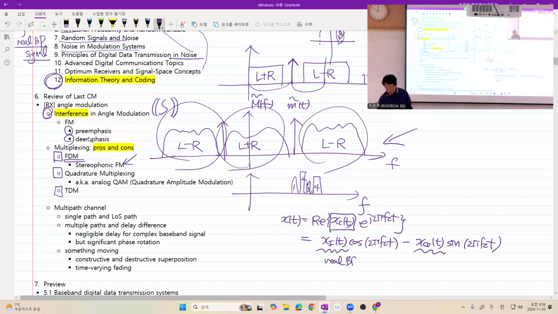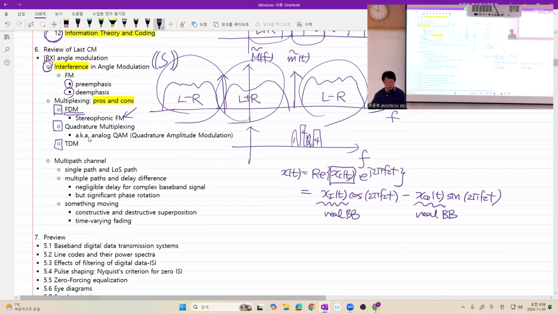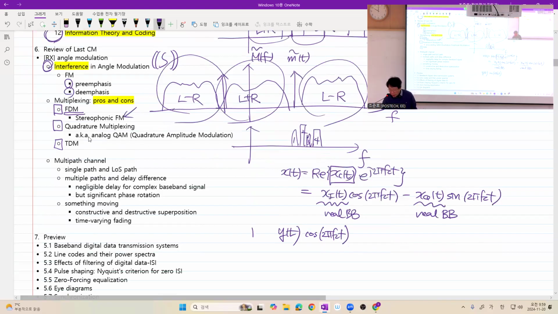If the channel in the simplest case gives just delay and scaling, then we multiply our received signal by cosine 2 pi fc t and low-pass filter, and multiply by negative sine 2 pi fc t. Actually, we need a factor of 2 here.